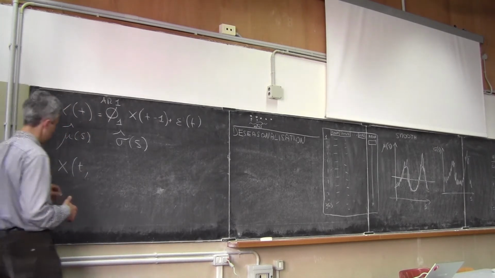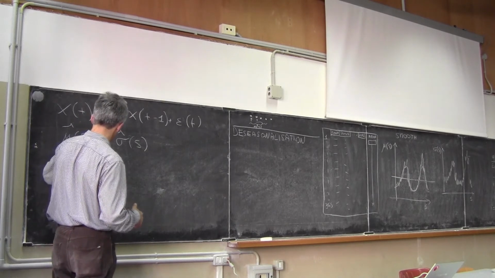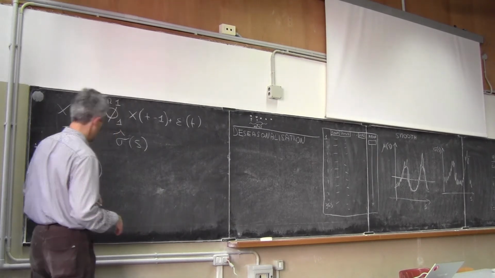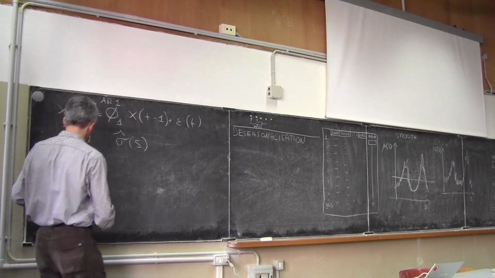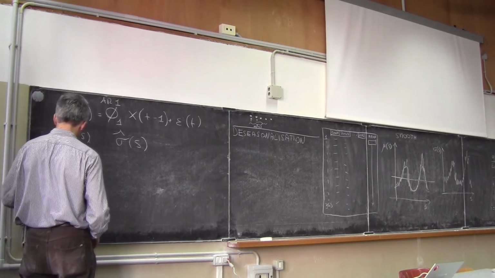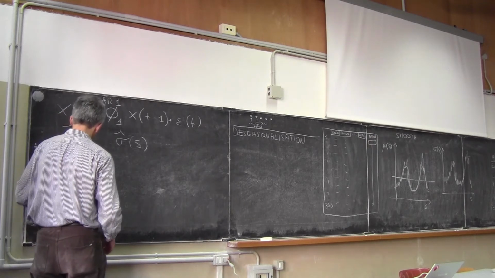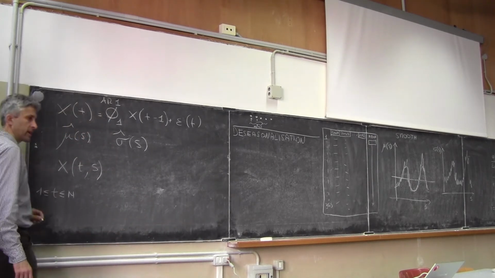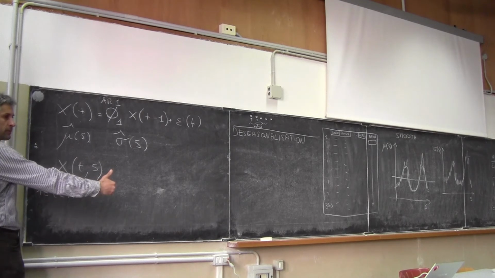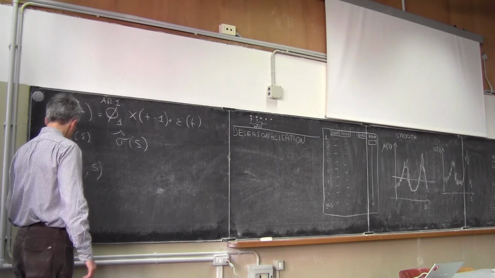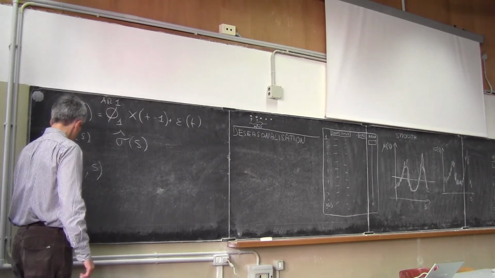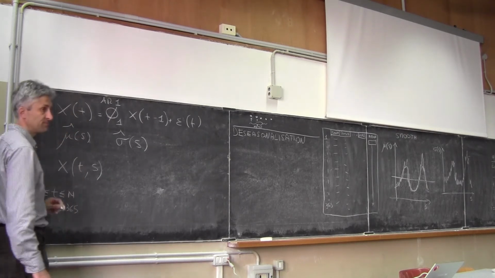The second index is an index s, which indicates the day of the year. So t is varying between 1 and capital N, where capital N is the total amount of observations. s is varying between 1 and 365.